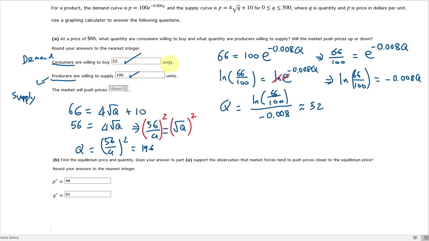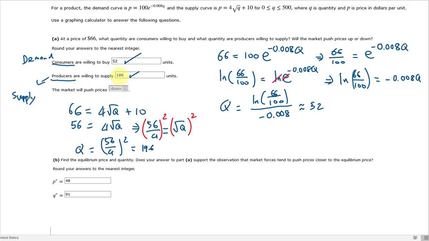So we have a small number of units that the consumers are willing to buy, and a lot of units that the producers are supplying. So we have more items being produced than consumed.